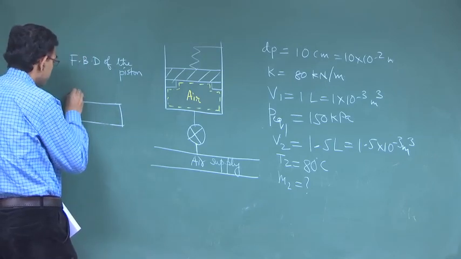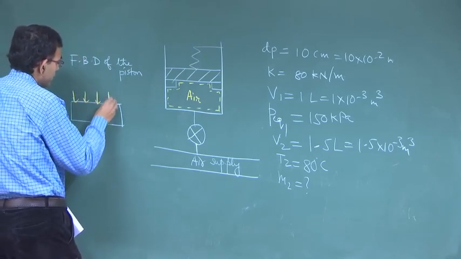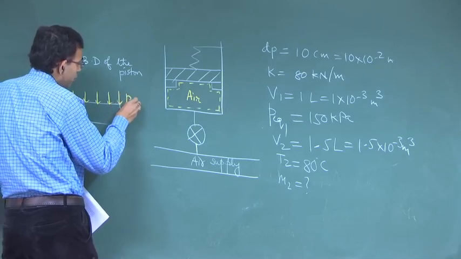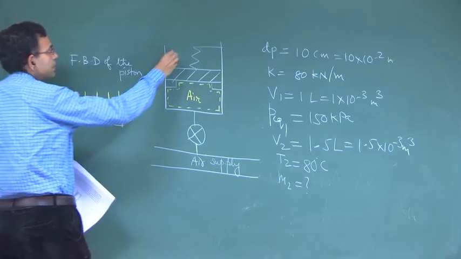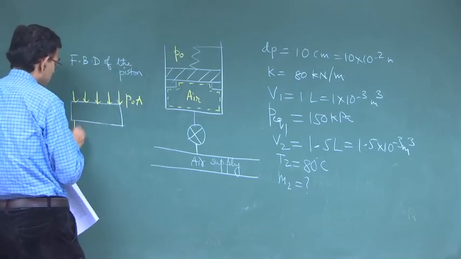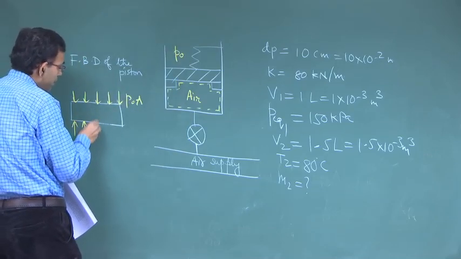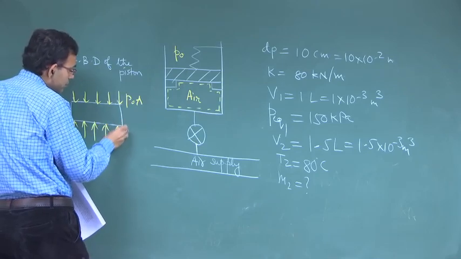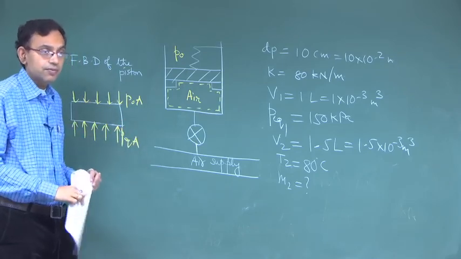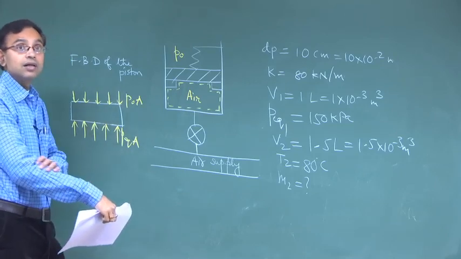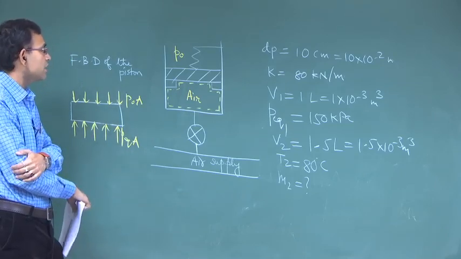So you have P0 into A, which is the atmospheric pressure, the pressure is P0. Here it is P equilibrium into A, and then the spring force. It is very important to figure out what is the direction of the spring force.